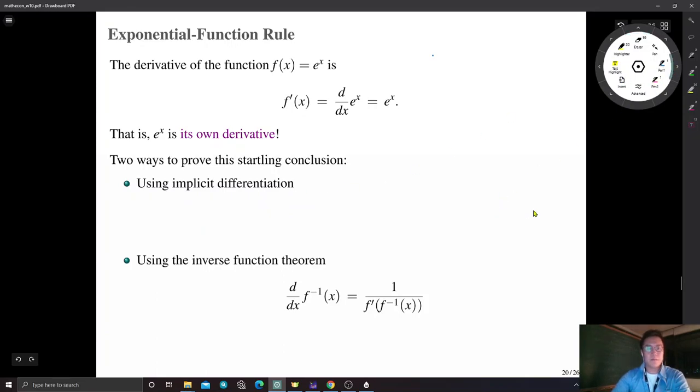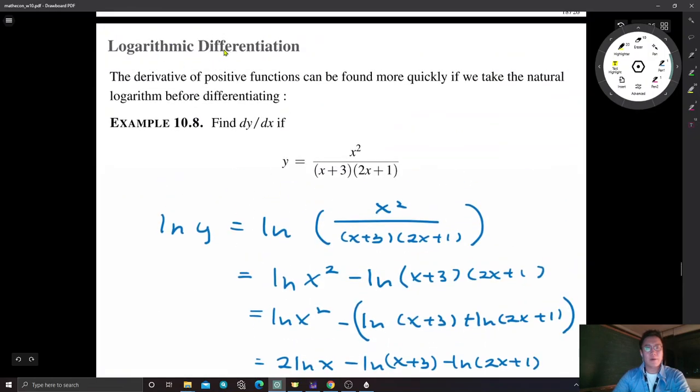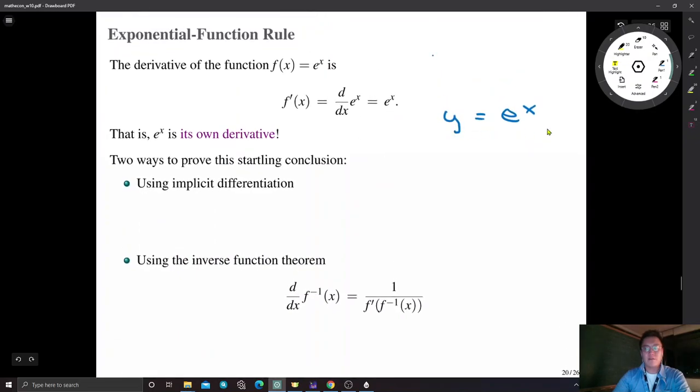Here, y is given by e to the power x, and instead of implicit differentiation, let me use logarithmic differentiation. Before taking the derivative, let me start by taking the natural logarithm of both sides.